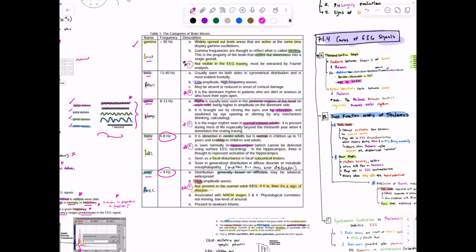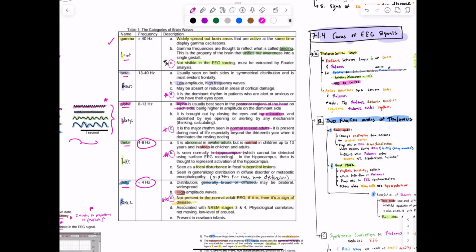All right, so we have the categories of brainwaves, and there's a decent amount to know here, but overall, I just want to start off by giving us a nice little mnemonic from our friend ChatGPT. We have gamma, beta, alpha, theta, delta. They are separated by their frequencies. So gamma has the highest frequency, right? And if you can remember a tiny bit of physics, we have gamma rays, which is typically how we describe it in terms of light.